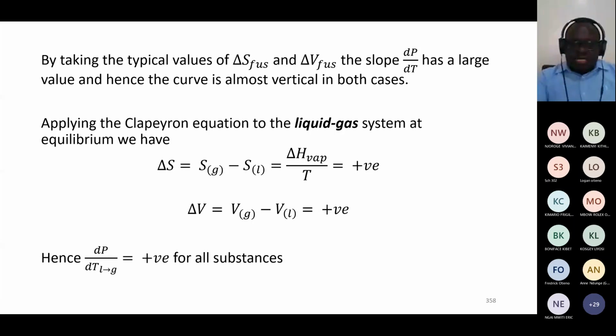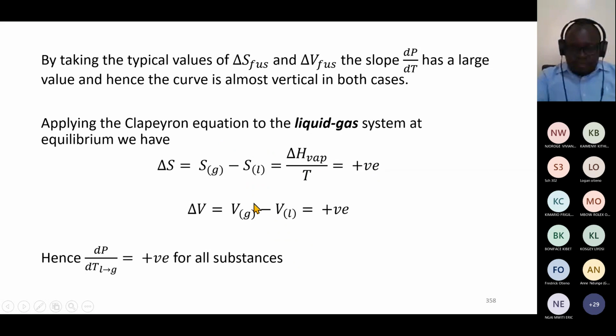So delta S here is going to be Sg minus SL, which equals delta H vaporization over T. Now this one is always positive, because you know that the entropy of a gas is so much larger than the entropy of a liquid. So delta S is positive.